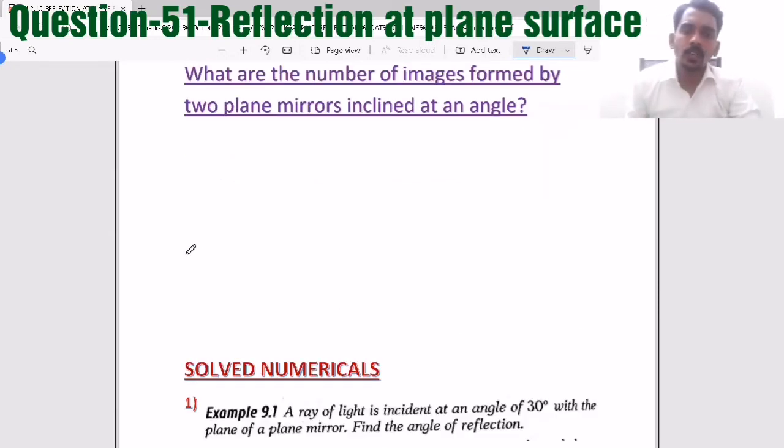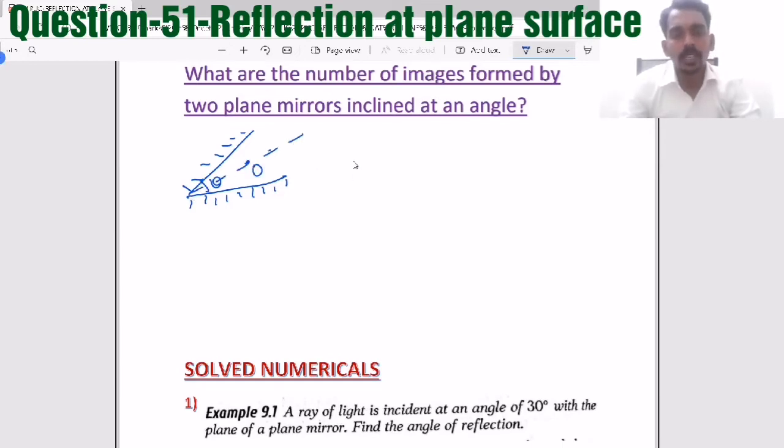Now the next thing is, what is the number of images formed by two plane mirrors inclined at an angle? See, when two plane mirrors are inclined at an angle theta, and an object is placed on the bisector, the number of images is 360 by theta.